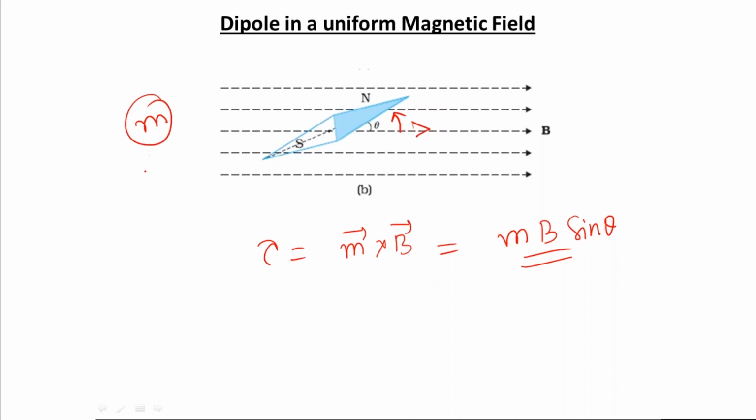Now, since I know the magnetic moment of this compass needle and its moment of inertia, and it is experiencing a magnetic torque m cross B, or m B sine theta, it has a tendency to come back towards its original position, and for that you need a restoring torque.